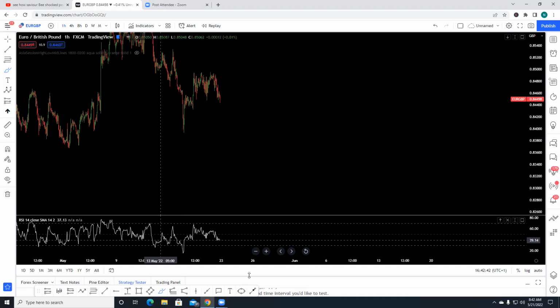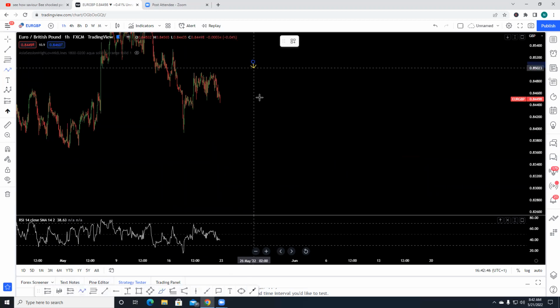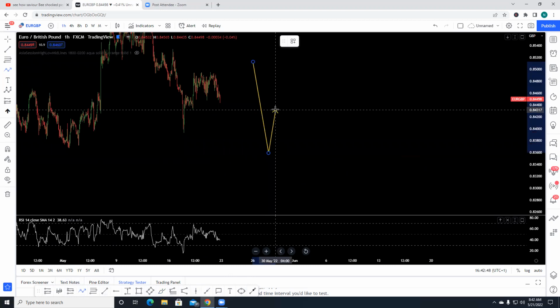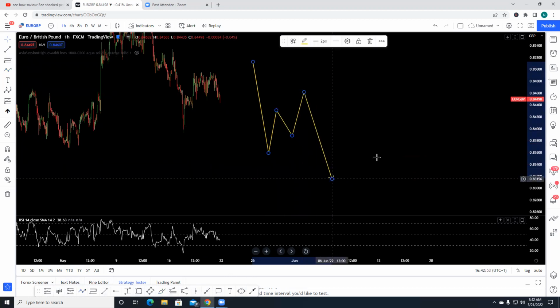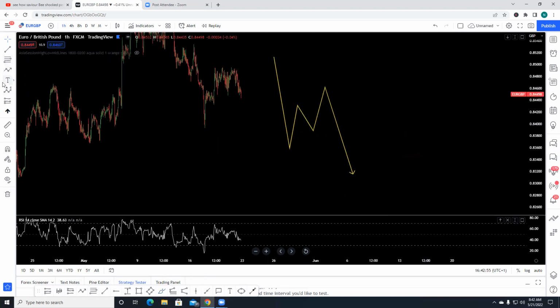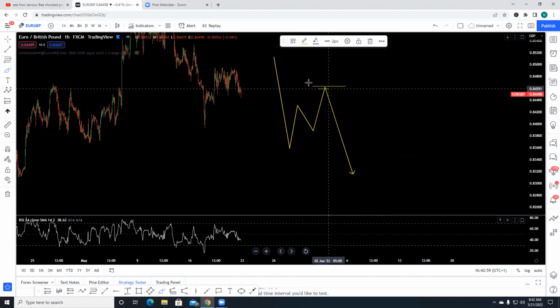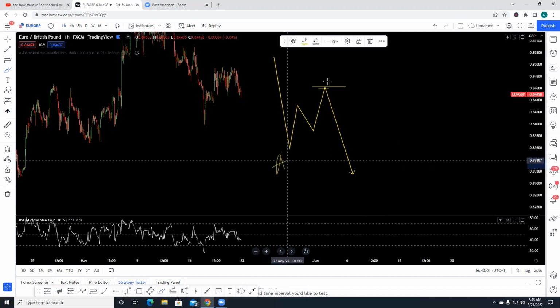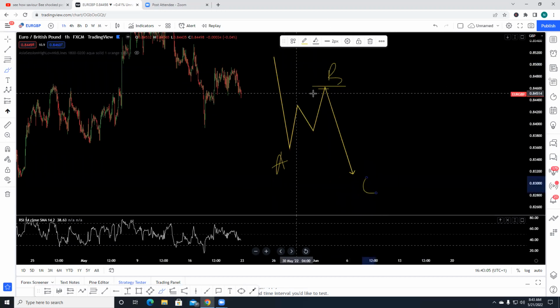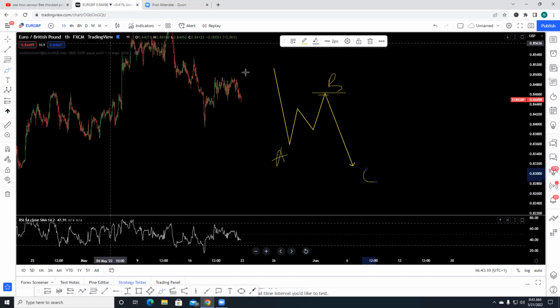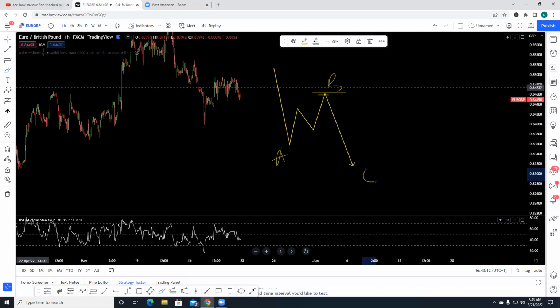Another thing I want to show you in a zigzag corrective structure is simple. You have it like this. This is A, this is B, and this is C, and you have this push. Wave B always comes to a 50% retracement of wave A. How do we get the 50% retracement of wave A?